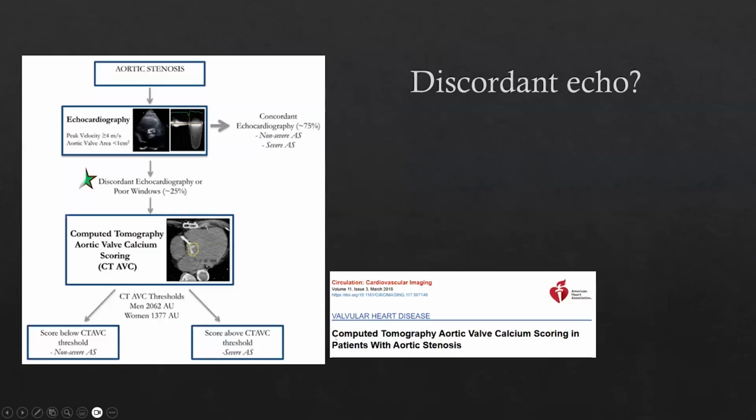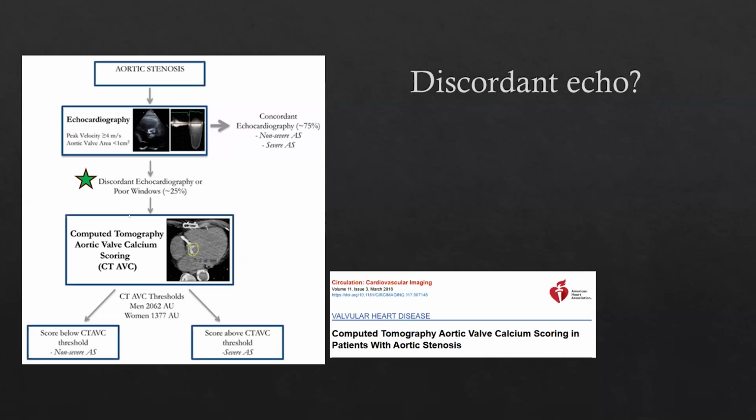However, echocardiography is not perfect, and approximately 25% of patients have a discordant echo finding. What that means is those three parameters might not all align to put a patient in the severe category. Or the patient might have poor acoustic windows on echo, and findings are still inconclusive.